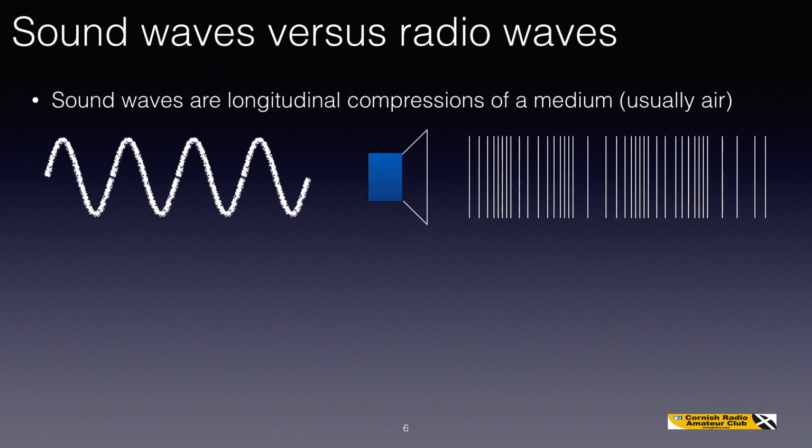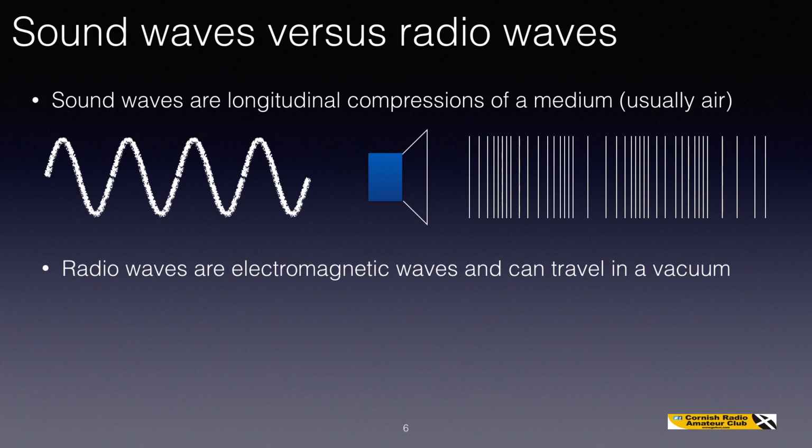That's areas of compressed air travelling out longitudinally along the wave from the speaker. And so a medium is required. Sound waves must travel in either a gas, a liquid or a solid. Sound waves will not travel in a vacuum.